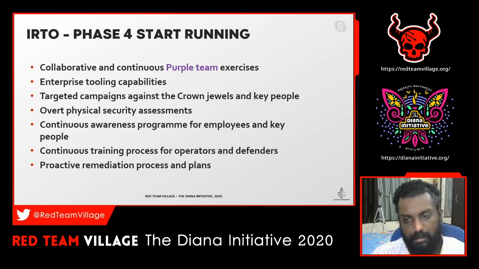Because, like I mentioned in the previous slides, our ultimate goal is to enhance the cyber defense capabilities, right? So it is very important to organize collaborative and continuous purple team exercises, and of course enterprise tooling capabilities. So bring in more tooling capabilities. Many interesting platforms and tools are out there.